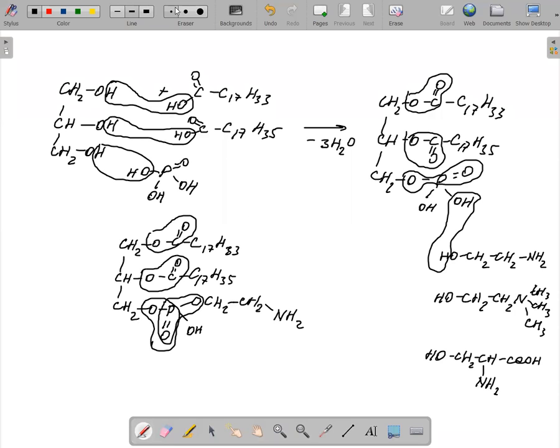That's why such type of phospholipids exist in the form of internal salts in which hydrogen from OH center of acidity goes to the center of basicity, and NH2 group turns into NH3 with plus, and minus will be on oxygen.